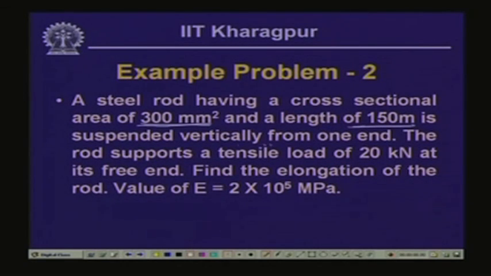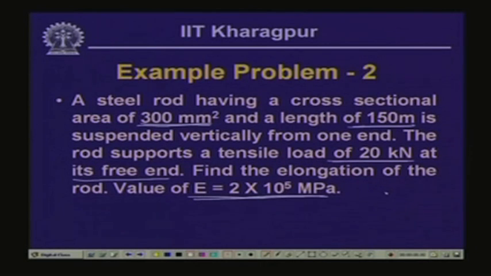It is suspended vertically from one end. The rod supports a tensile load of 20 kilonewton at the free end. We will have to find out the elongation of the rod, or first the deformation. The value of E is given as 2 into 10 to the power 5 MPa.